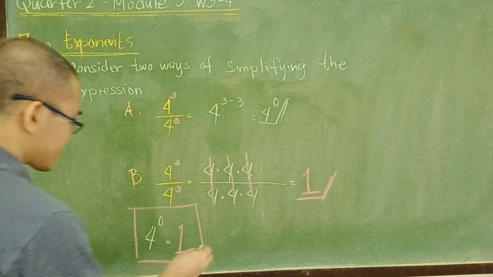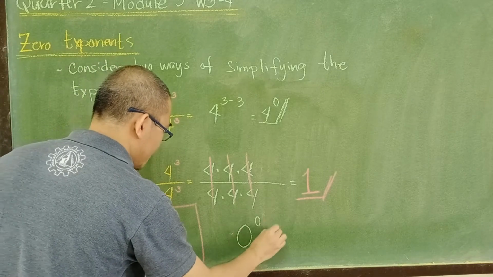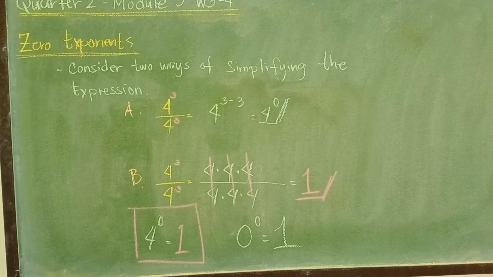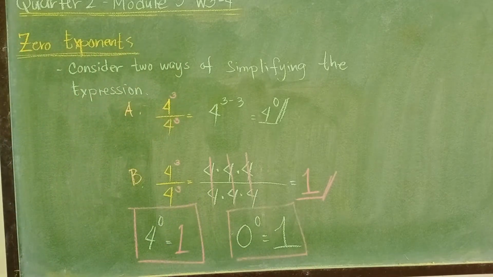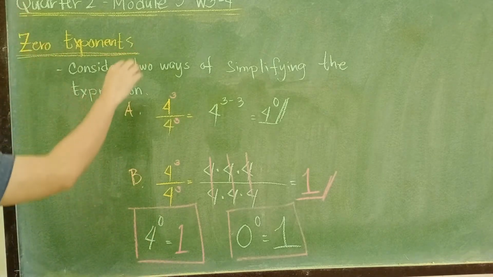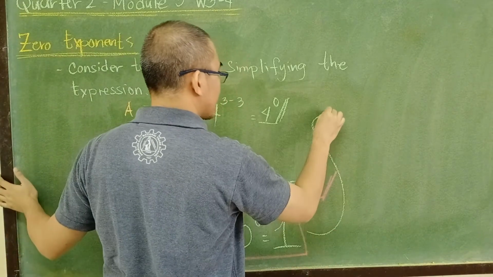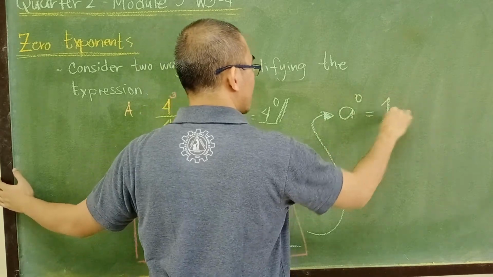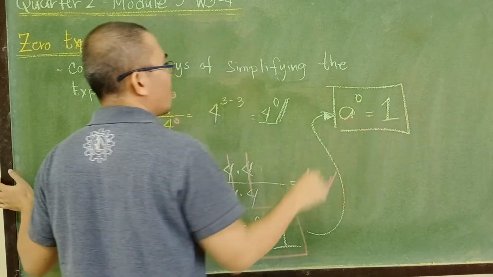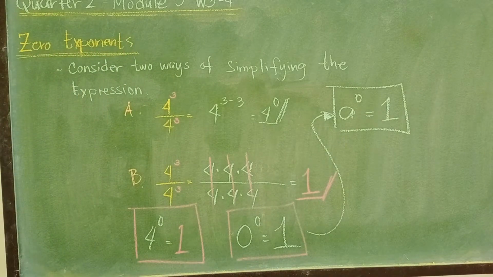Even yung 0 raised to 0, that is equal to 1. Doon nakalagay sa may module is any non-zero, sabi niya. But any number raised to 0 is equal to 1. Kahit yung 0 raised to 0. So, 0 exponents, any number raised to 0 is equal to 1.